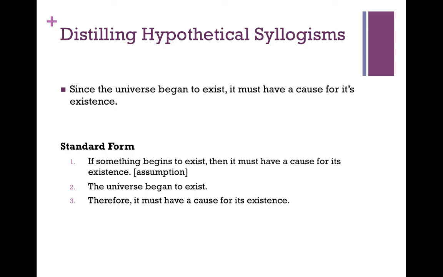So you could understand this as a categorical syllogism, but it could also easily be understood, and I think this is a natural way for a lot of people to understand it, as a mixed hypothetical syllogism. If we understand it like that, just for the purpose of this lecture, you can see that even though the argument is only presenting one premise, it's clearly making an assumption that I have listed as premise 1.